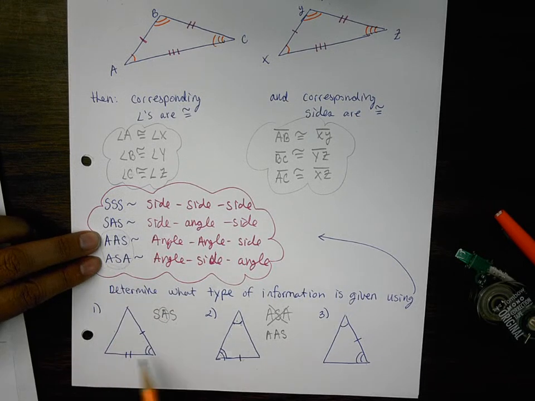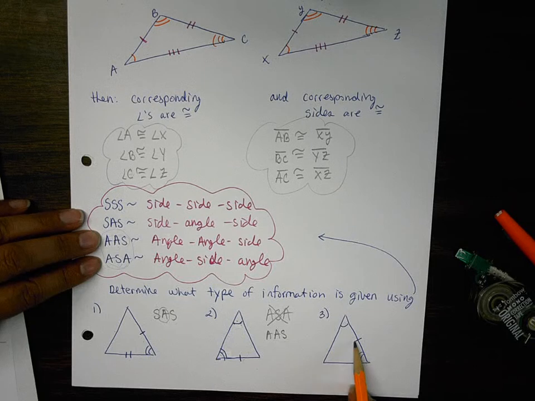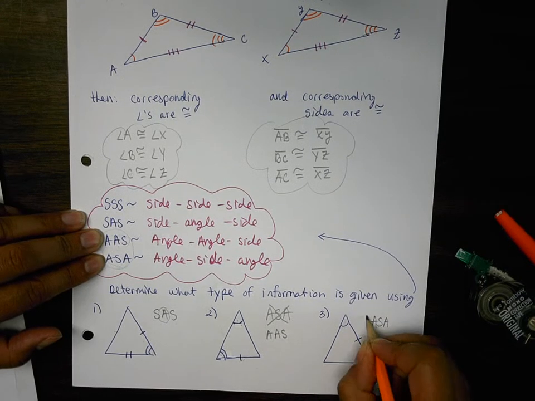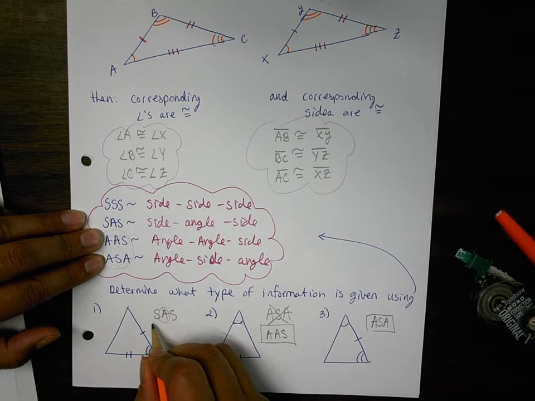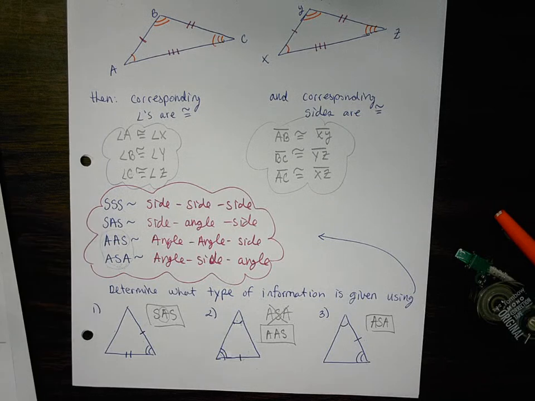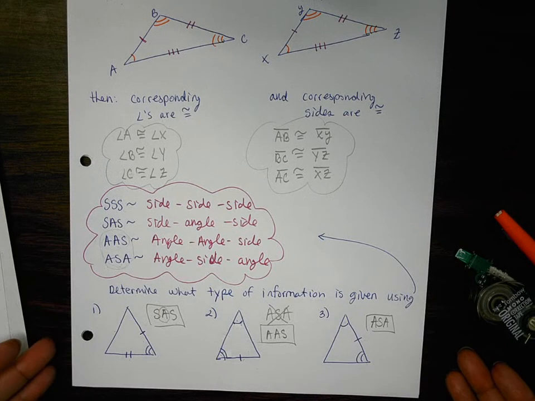Okay. Is the side sandwiched or not sandwiched between the 2 angles? It is. So AAS or ASA? ASA. Why? Because the side is included in the middle. It's in the middle. It's sandwiched between those 2 angles. Does it make sense? Kind of, sort of. Okay, let's try a few more.